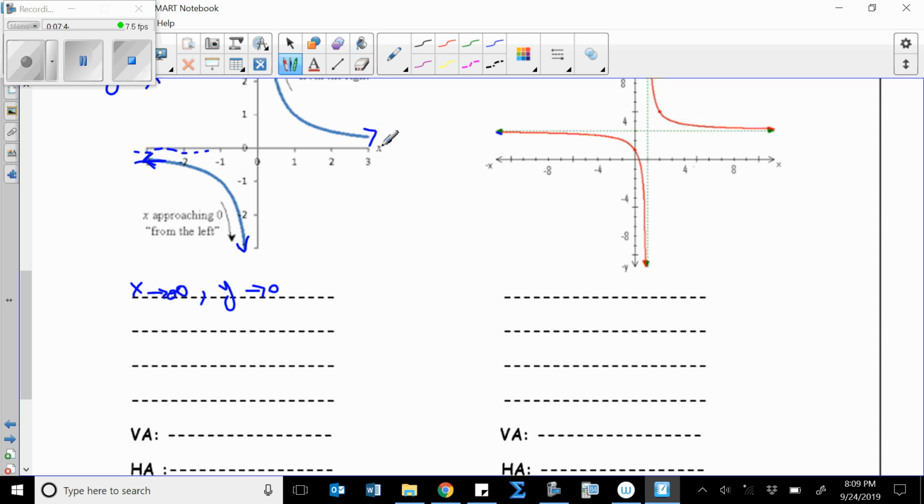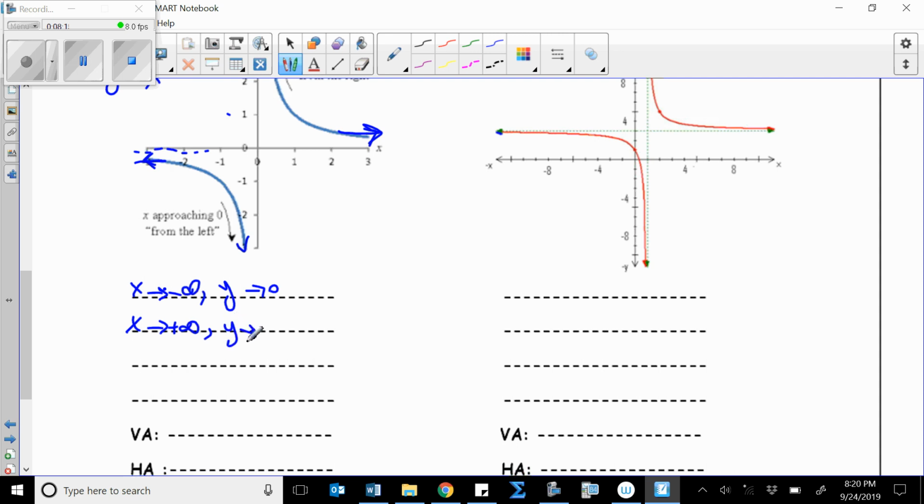Now let's talk about this side. On this side, again, x is just continuing to move to the right side. It's going to infinity. So here x goes to negative infinity, and on this side x is going to positive infinity.